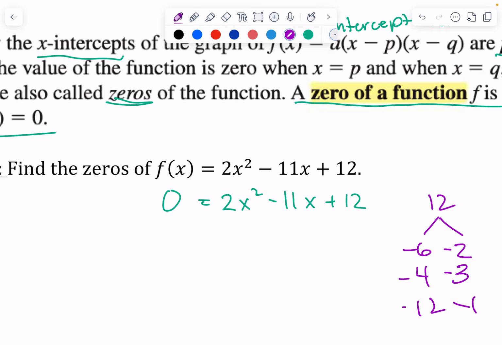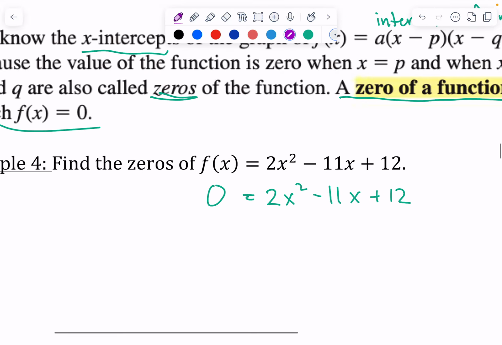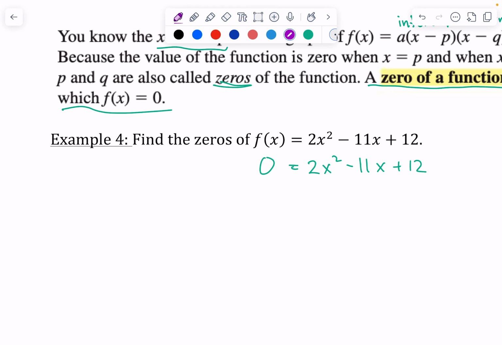So here, I have to use a method which is referred to as splitting the middle, or the AC method, okay? This has a lot of steps, so I'm going to write them. The first step is multiply A and C, okay? So in our specific problem, we're going to multiply 2 and 12, which gives us 24.